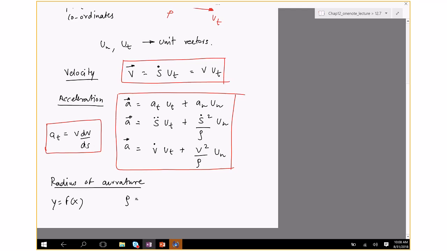Rho is basically 1 plus dy/dx squared, the whole thing raised to 3/2, divided by the modulus of d squared y/dx squared, where the modulus gives you the absolute value of whatever is inside it. If you have minus 1, it's 1. If you have 0.2, it's 0.2.